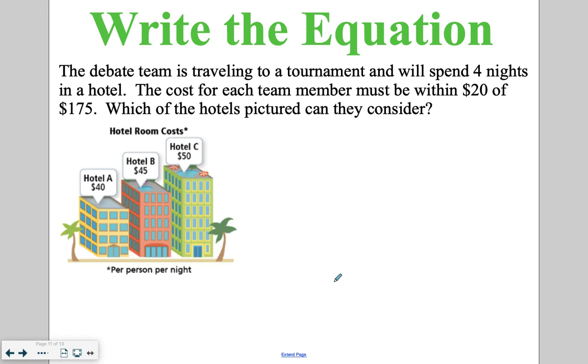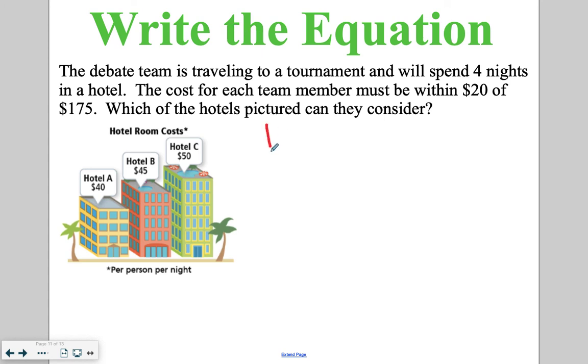Last thing we're going to do is talk about a word problem. The debate team is traveling for a tournament and will spend 4 nights in a hotel. The cost for each team member must be within $20 of $175. Which of the hotels pictured can they consider? I just want to refresh your memories here.